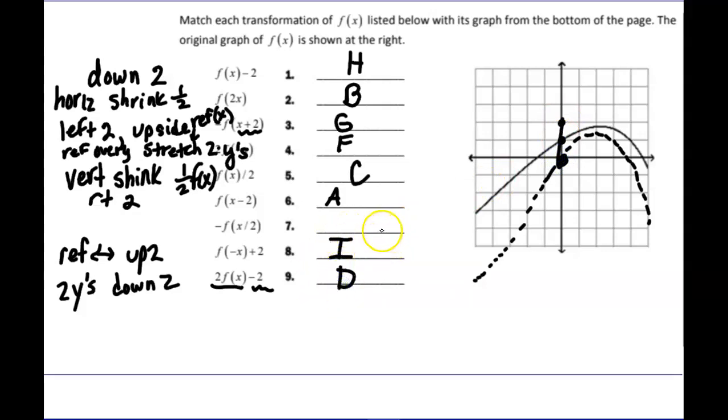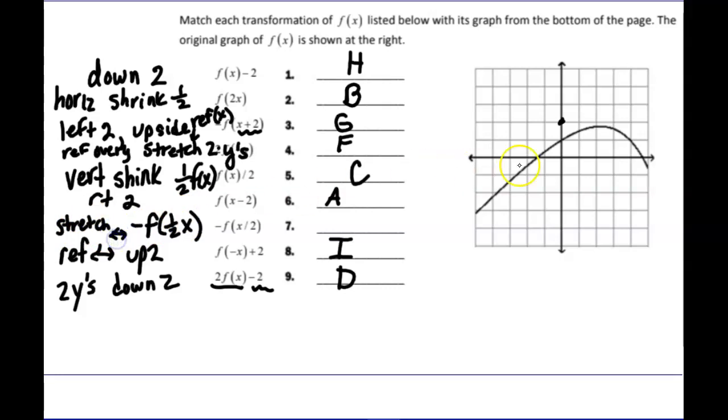What do we got left? This should be upside down and inside, a 1/2 inside should be stretched out. I'm not looking at the things here, but it should be stretched horizontally this way.